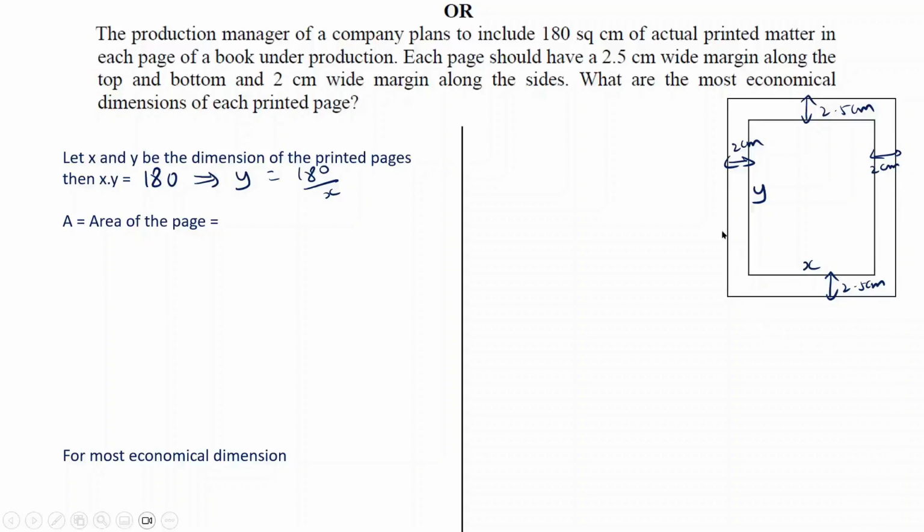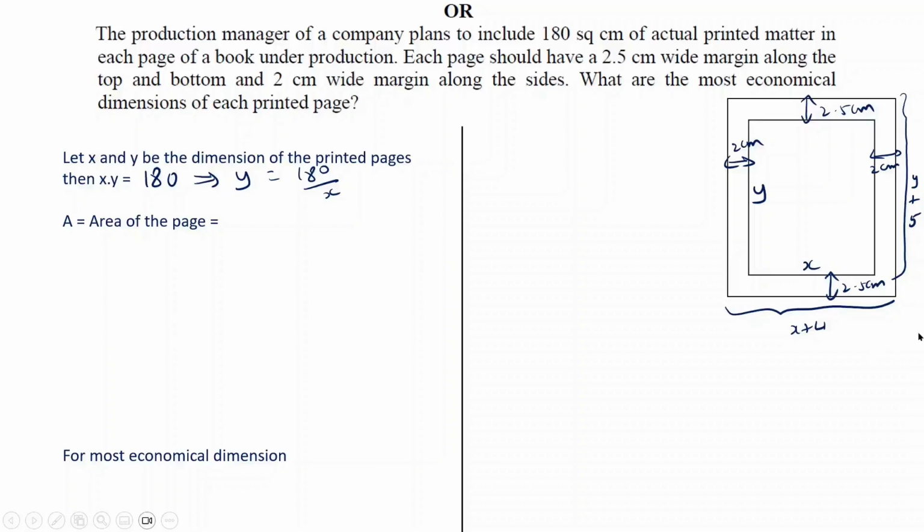So if we consider this whole page, this whole length will be x plus 2 plus 2. So it is x plus 4. And then this whole breadth will be y plus 2.5 plus 2.5. So this whole thing, it will be y plus 5.